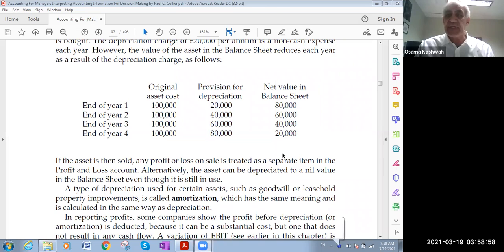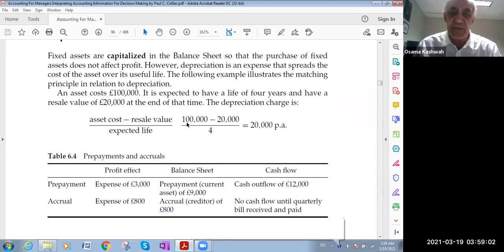So back to the depreciation, my dear students, and I will share the screen. We can see here in front of us the value of the asset. At the beginning, when we bought it, it was $100,000. At the end of the 4 years, the car or the machine was estimated at only $20,000.